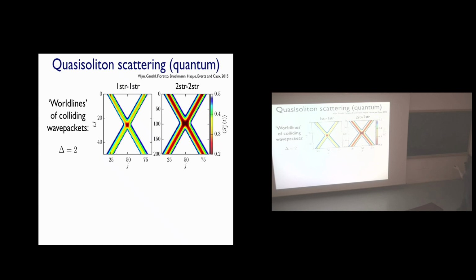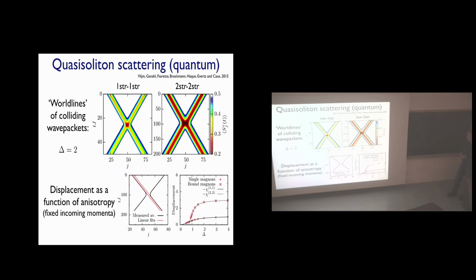This is just scattering theory in spin chains, but you could actually simulate this on a cold atom device or a quantum computer whenever those become available. It's quite interesting because you can compute the effect of anisotropy on these displacements.